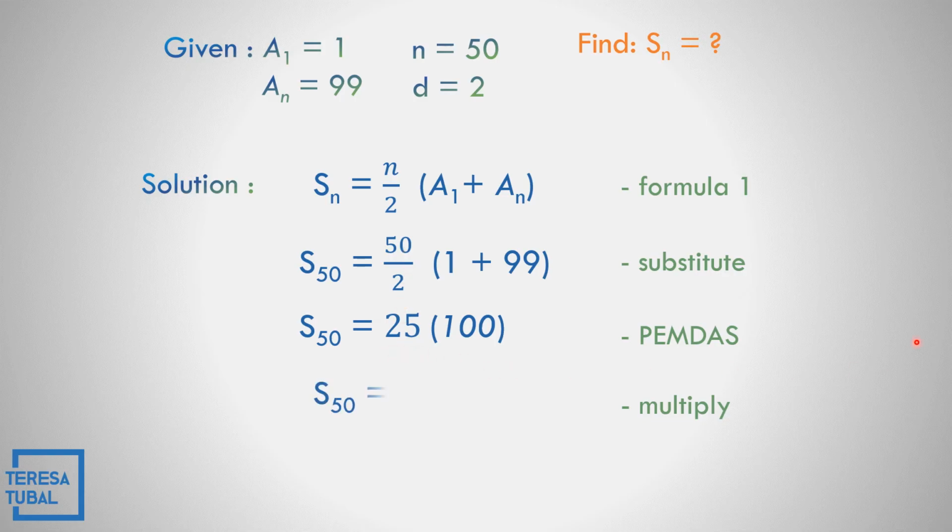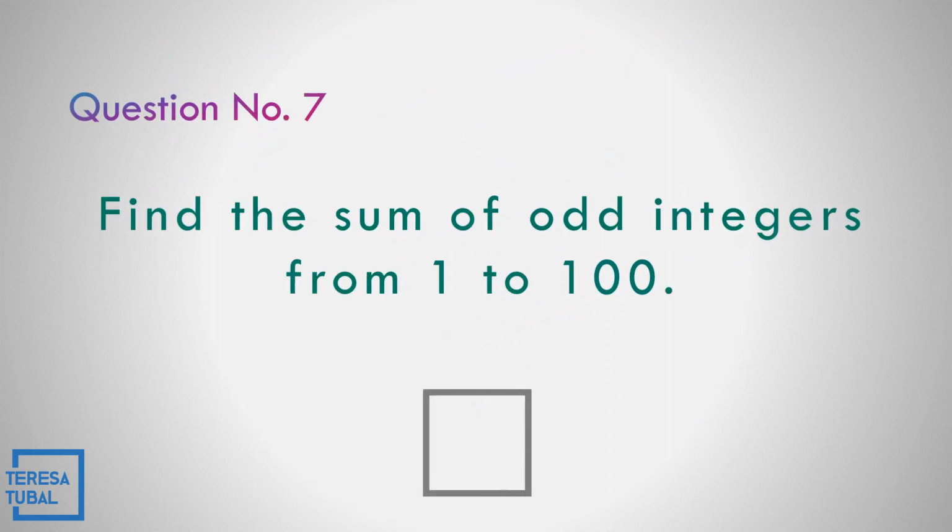So multiply 25 times 100, the answer is equal to 2,500. So the sum of odd integers from 1 to 100 is equal to 2,500.